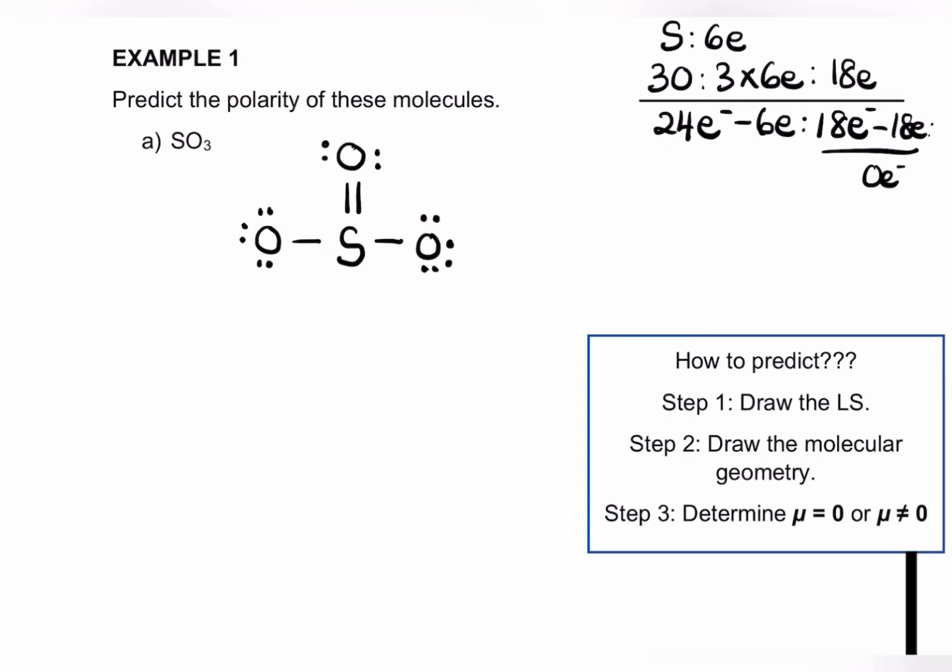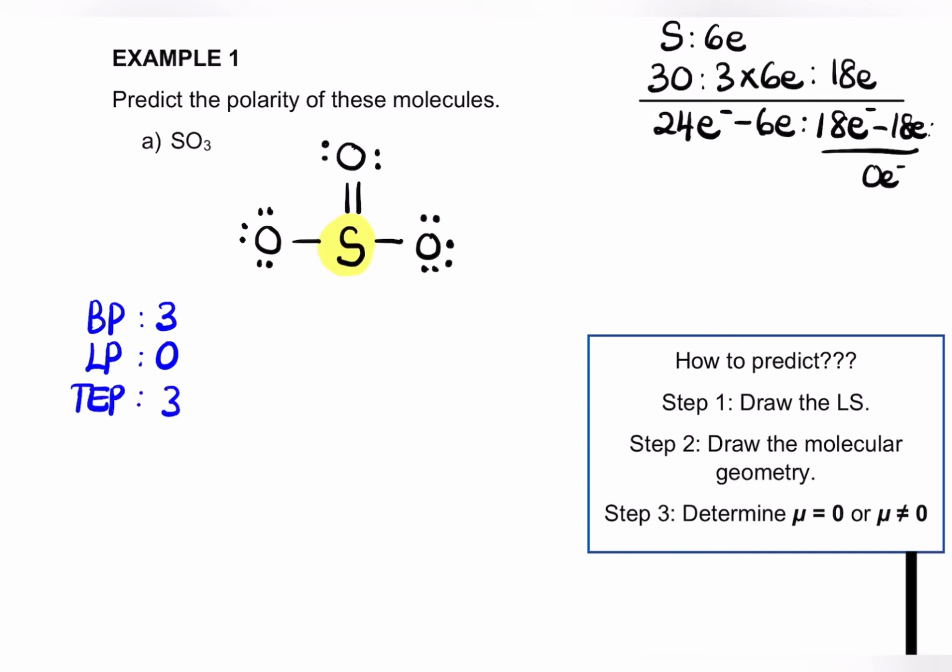And then the second step, we will determine the molecular geometry. So we will focus on the central atom, which is sulfur. How many bonding pairs does sulfur have? As you see from here, we have 1, 2, 3. So you got 3 bonding pairs. And for the lone pairs, sulfur has 0 lone pairs and total electron pairs will be 3.